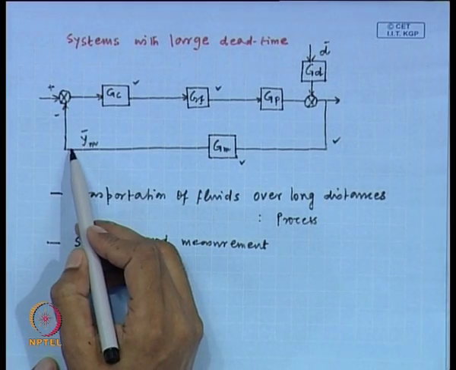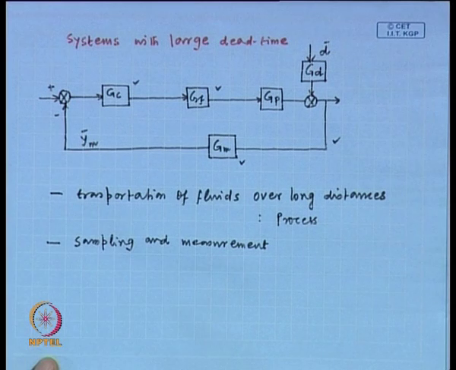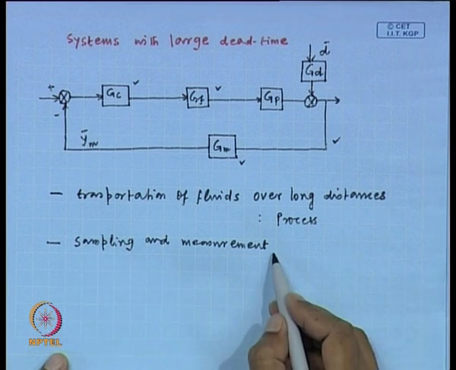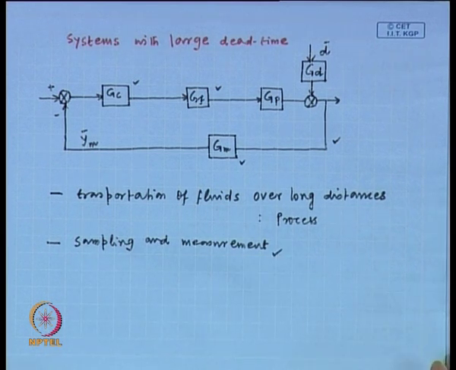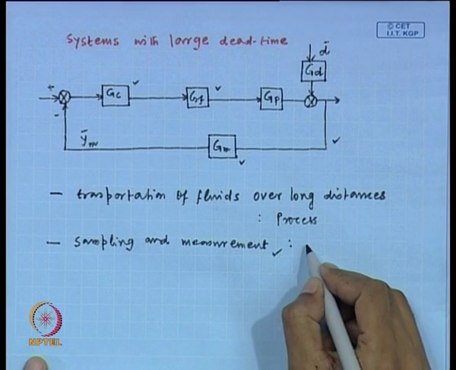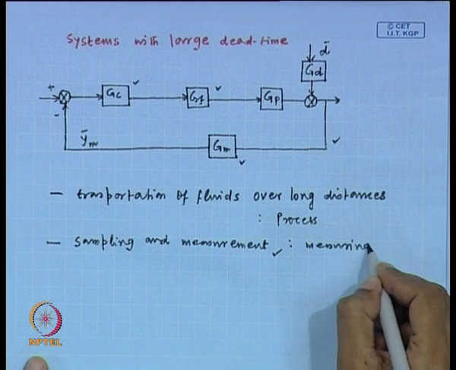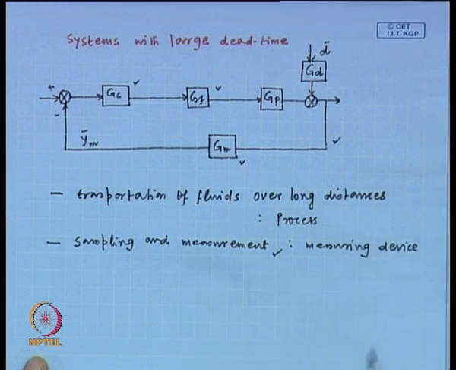Now, that information we can get by collecting the sample and then measuring that sample, fine. So, that takes some time. Therefore, we can say that the time delay is involved in sampling and measurement of y. So, this is related to which element? Measuring device.